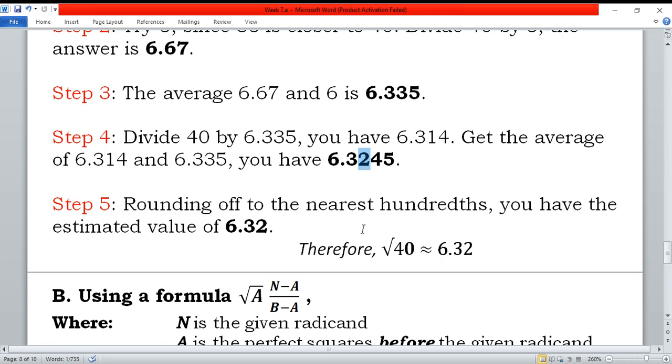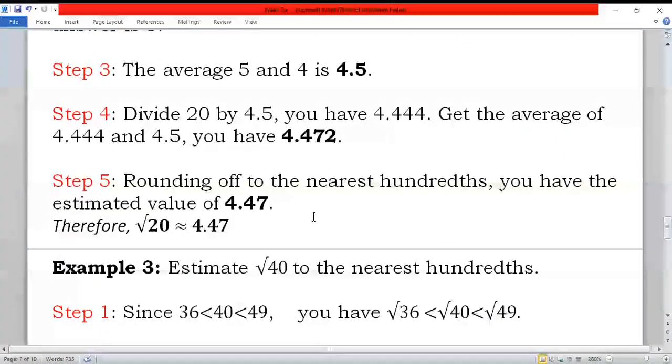So, the result will be 6.32. Ang magiging conclusion natin, so therefore, square root of 40 is approximately 6.32.